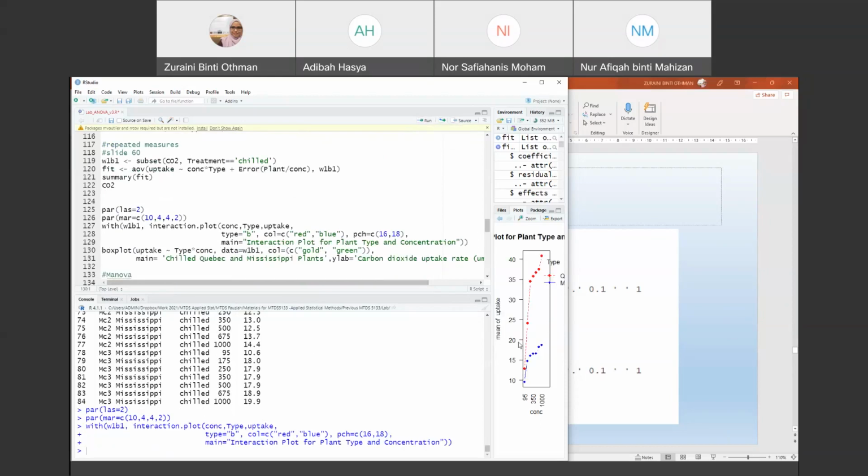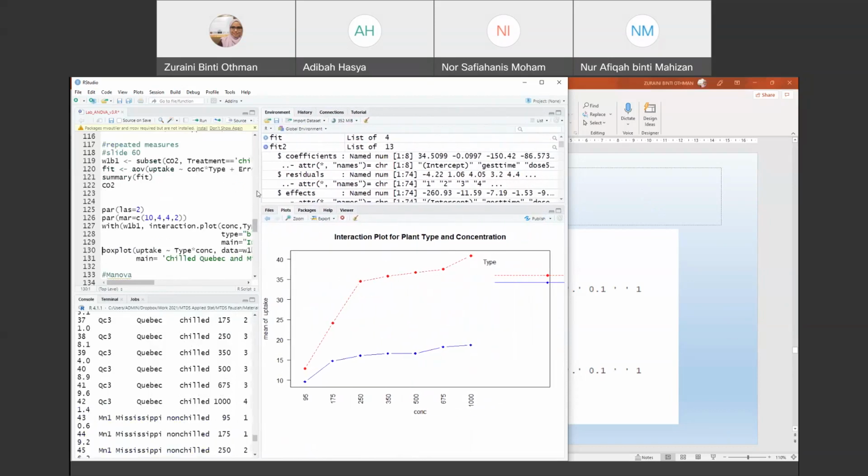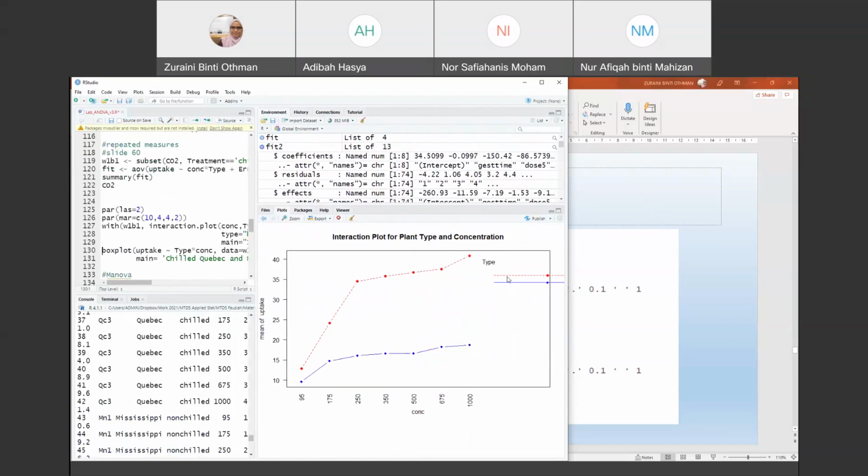Okay, this is the value for the interaction plot for plant type and concentration. Okay, we look at this table. This is the type, and this is the mean of uptake, and this is the concentration.